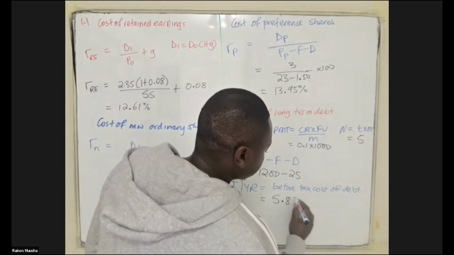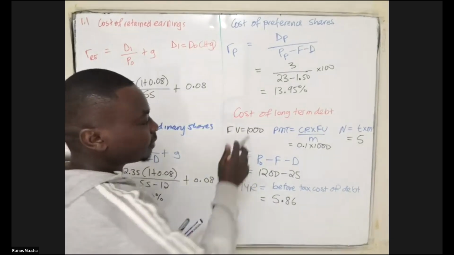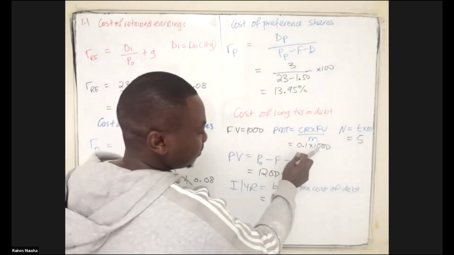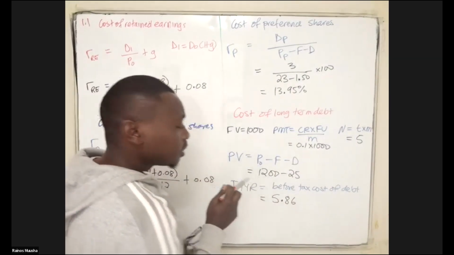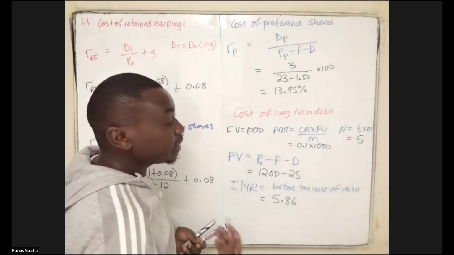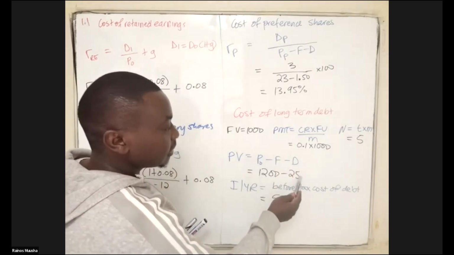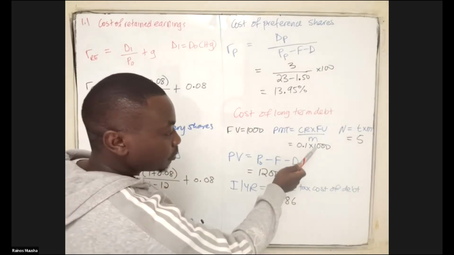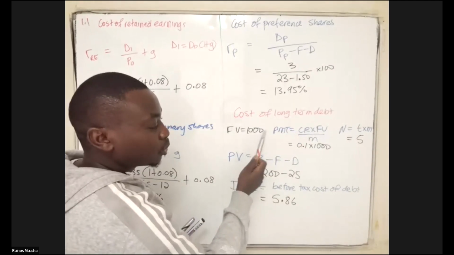Please note as well that when you're doing this calculation, remember you're given the future value, you're given the PMT, you're given the present value, right? So when you look at the cash flows of a particular bond from the investor's perspective, you are spending this much today, and then you're expecting these coupon payments as inflows, and you're expecting the par value as an inflow as well. So what do you see?